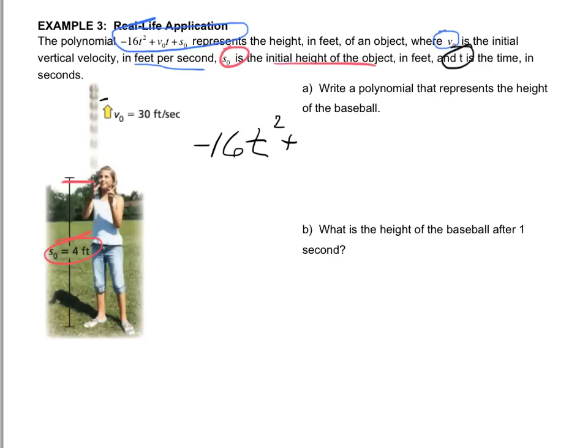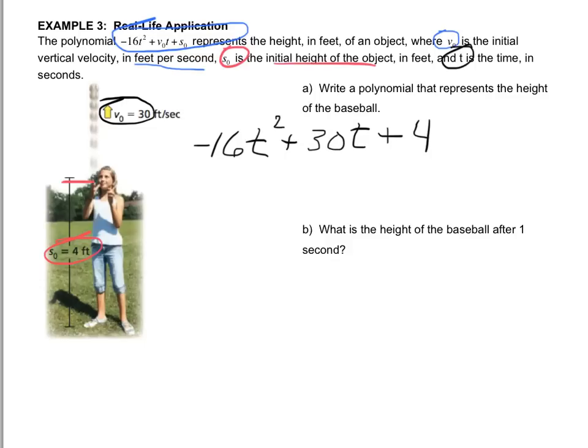We are told over here that it is 30 feet per second, so the 30 can go in where the v is. And again, we want to have the t kind of as our independent variable ready to plug in at any moment. And then the last part of our model is the s, or the starting initial height. Well, we are told in this situation that we have a height of 4 feet off the ground where we let go of the ball.